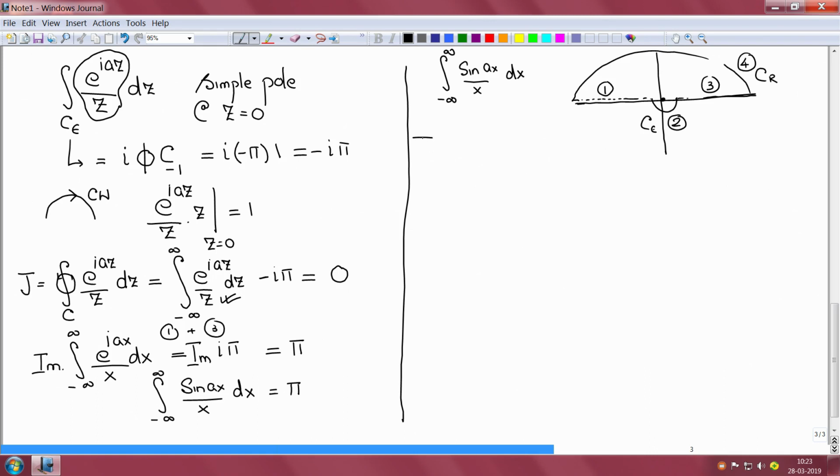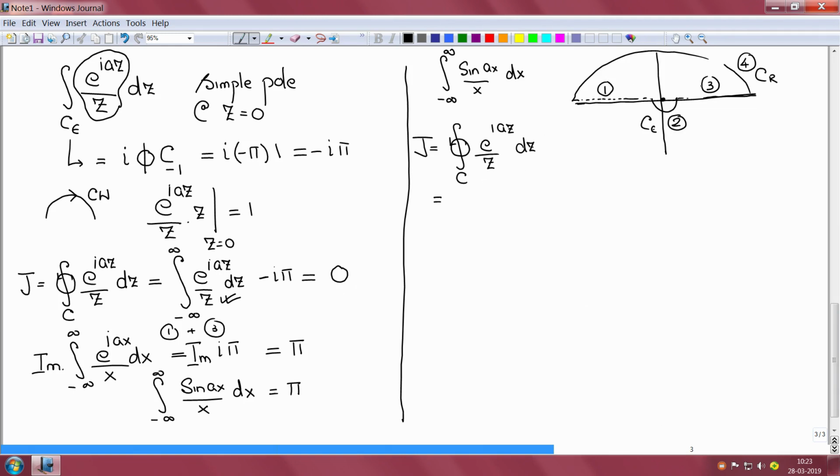We will start again with J equal to the closed contour integral over C of e to the power of i a z over z dz. This is singular at z equal to 0. So, we will do this now very quickly.